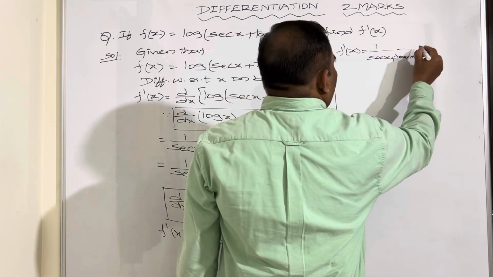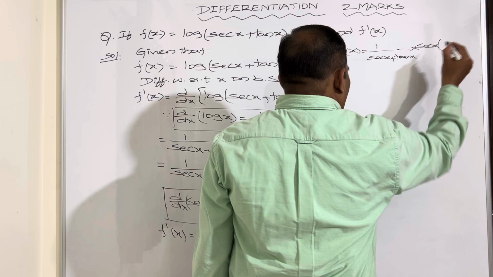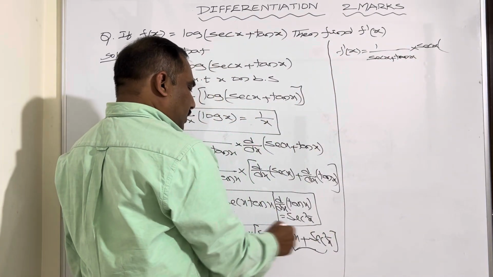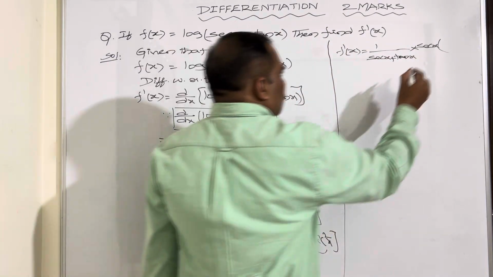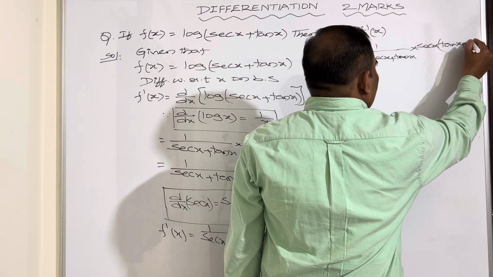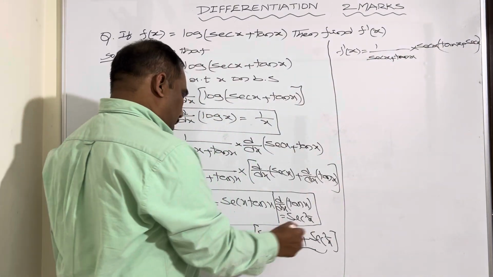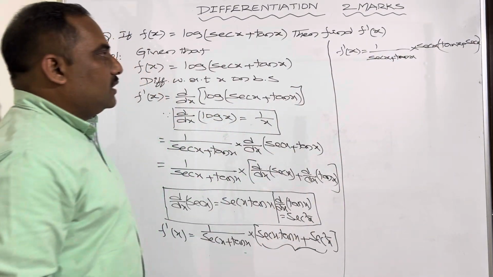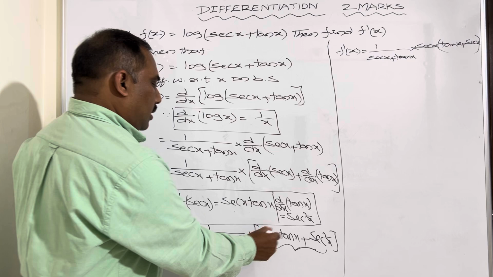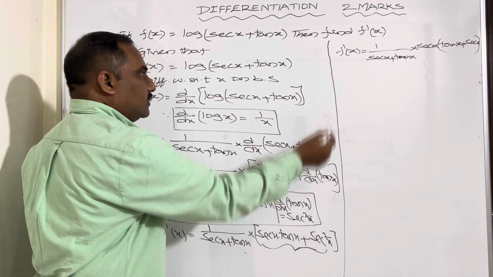When you take secant x common in both terms, we have tan x plus one more secant x left over.